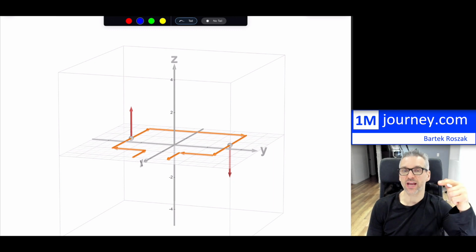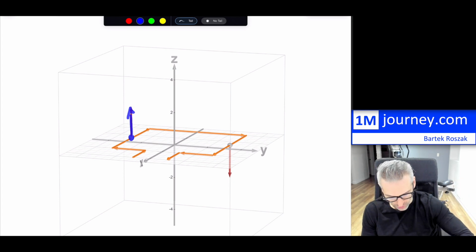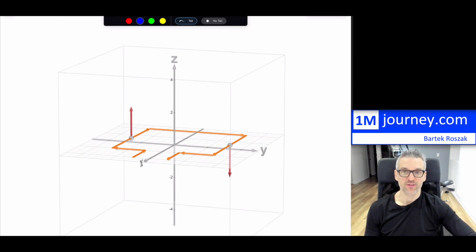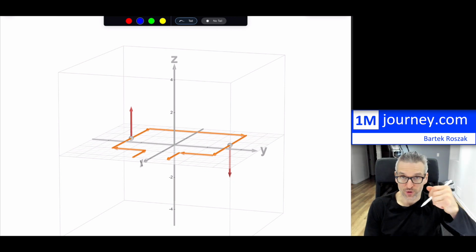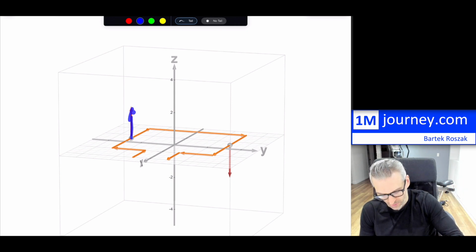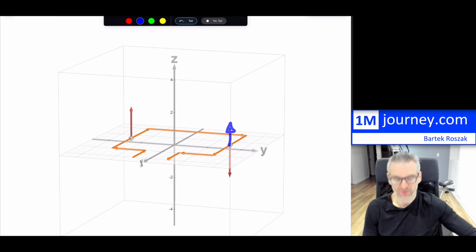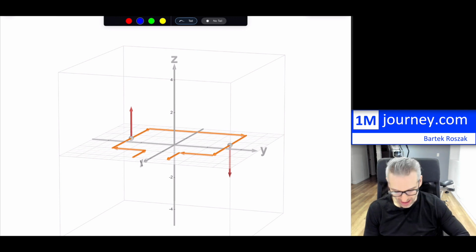If there is a force trying to drive this upwards, then in order to prevent the change, you will have a force caused by a current which flows so that it will oppose this force. In order to oppose it, the force has to be downwards in here and upwards within here. That's exactly what we want to see.